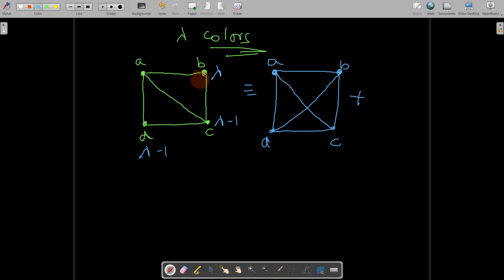Plus, B and D can be of the same color. That means we can merge B and D into a single vertex.